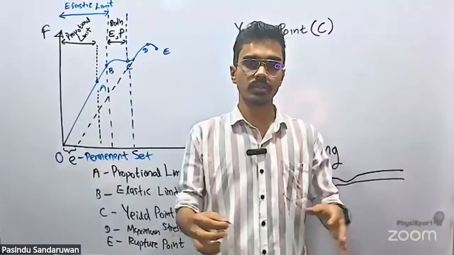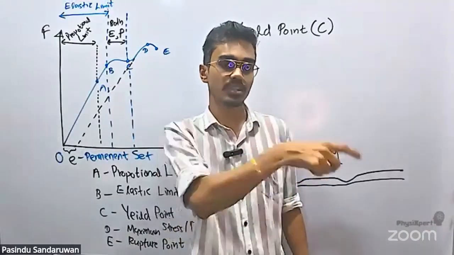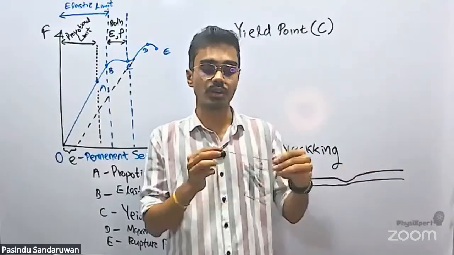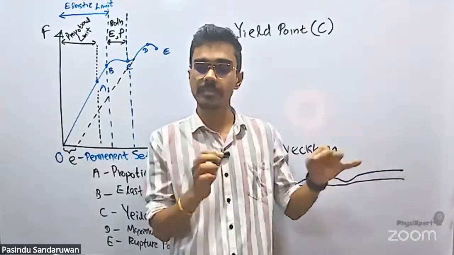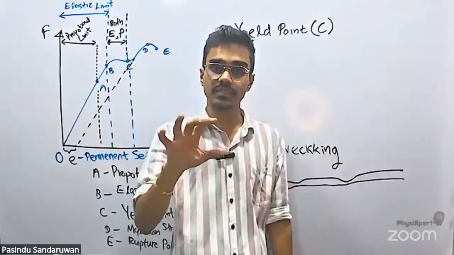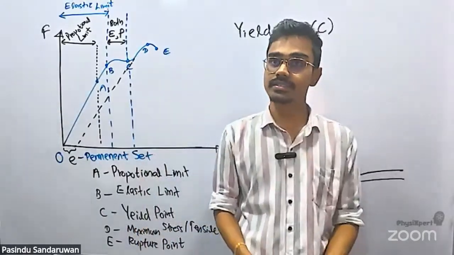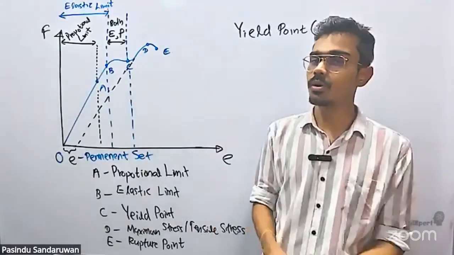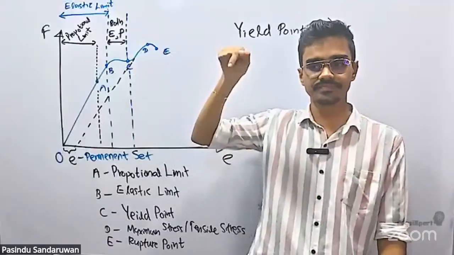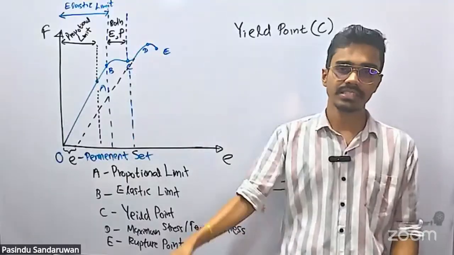Because if it is coming back, it should be due to elasticity. If it is not coming back, that is due to plasticity. If it stays as it is, all elastic properties of the material are completely gone. So that point where all the elastic properties disappear is called the yield point. That's the boundary of the elasticity.